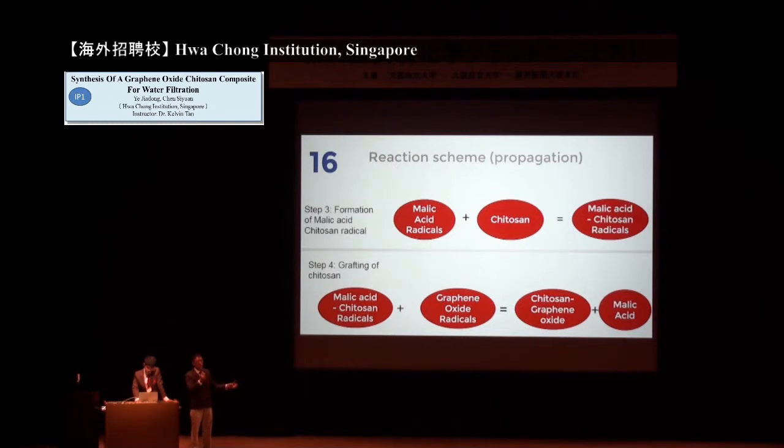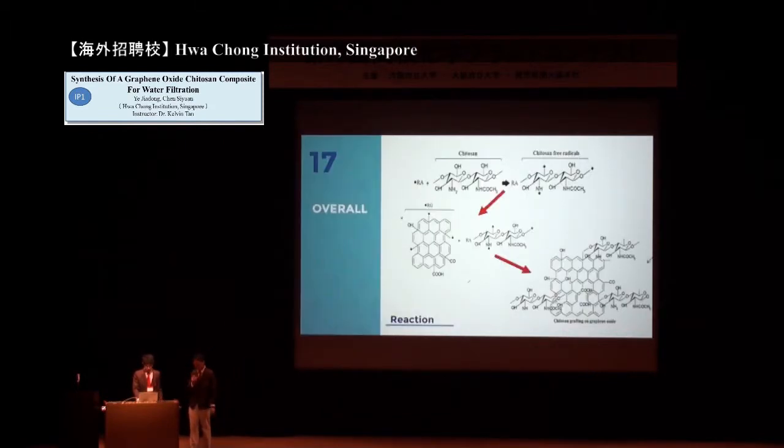And last but not least, we want to graft the chitosan onto the graphene oxide through a covalent linkage and not a physical linkage. This happens through the termination step, when the two radicals, graphene oxide and malic acid chitosan, come together in a termination reaction to give you grafting of the chitosan onto the graphene oxide.